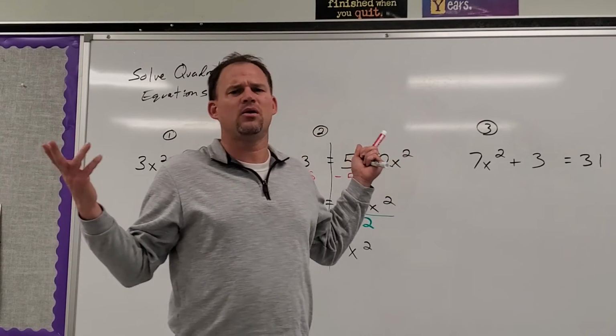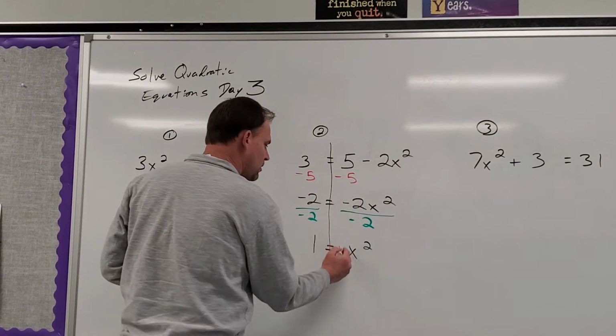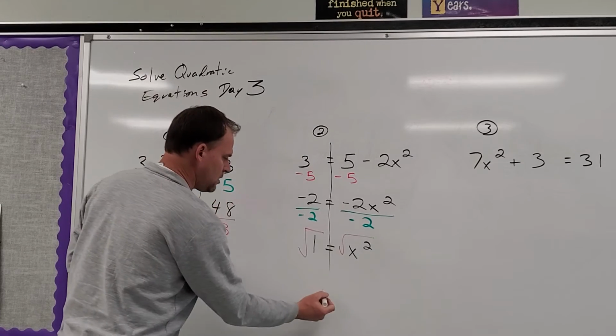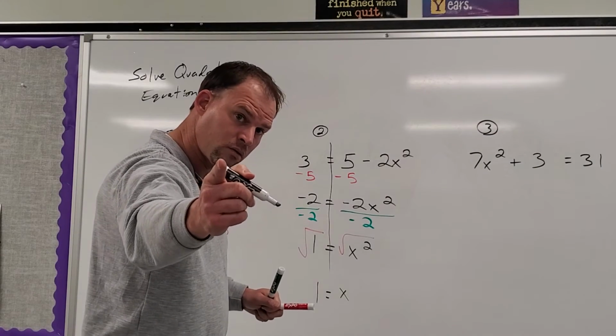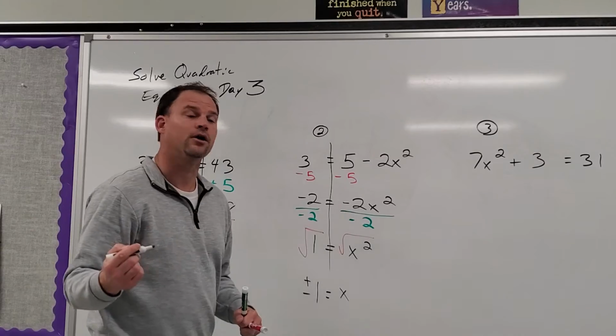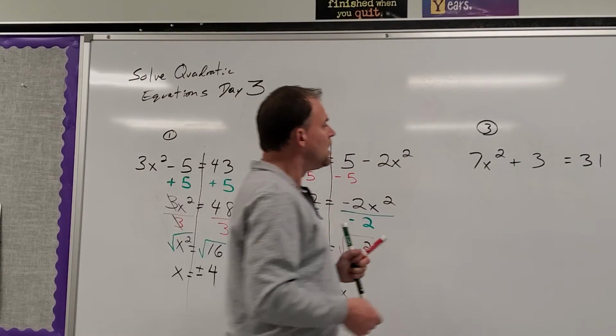Well, yeah, the only thing that multiplies to be 1 is 1. So 1 times 1 is 1. We have to finish the problem, square root, but it's going to come out to be, am I done? Very good.